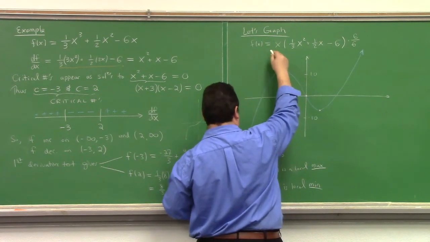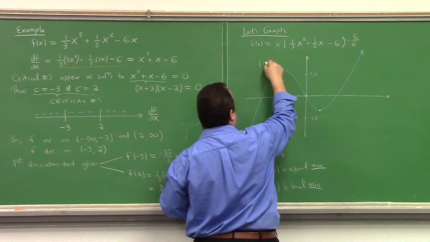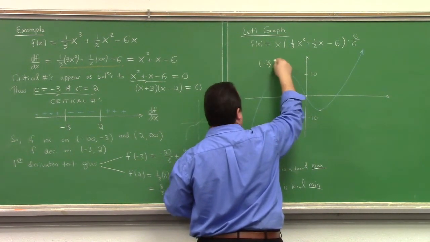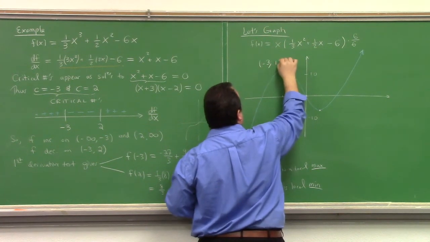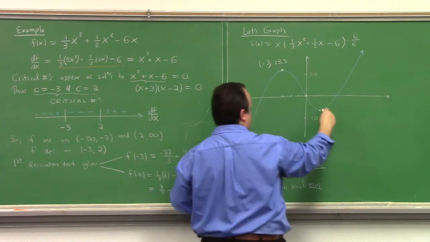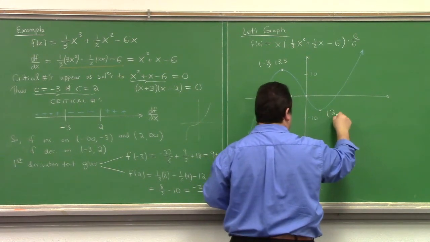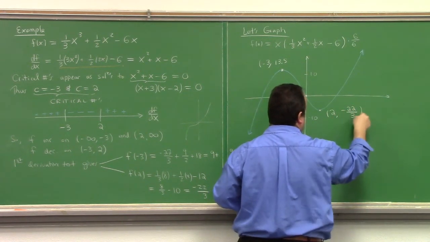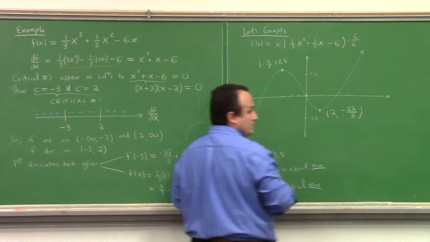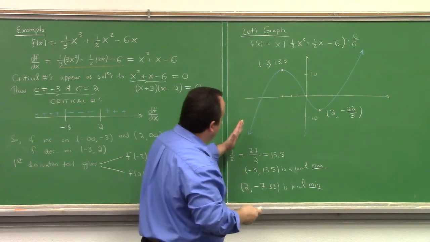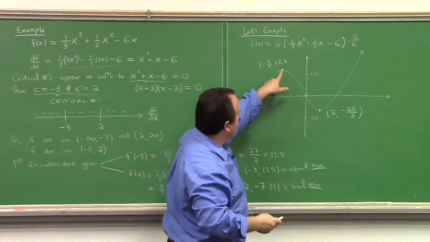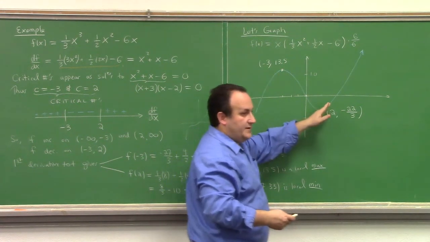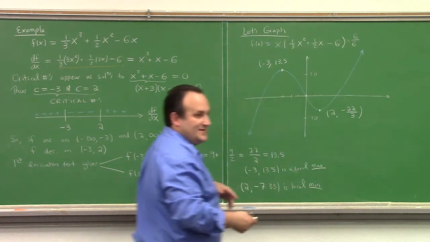These turning points, we know exactly: minus 3, comma 13.5, and this one over here, 2, comma minus 22/3. That's exactly where those points are. And this function's increasing here, decreasing there, and increasing again. Good question, or?